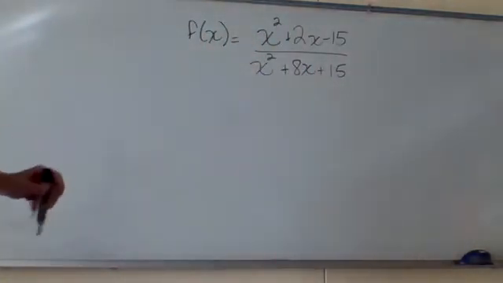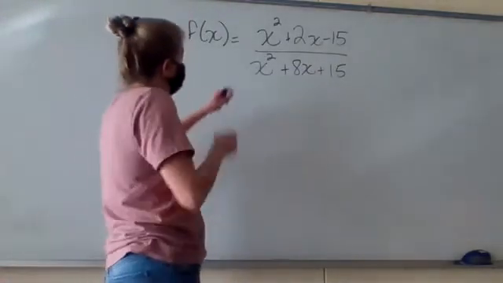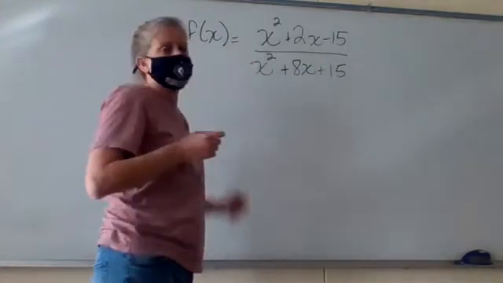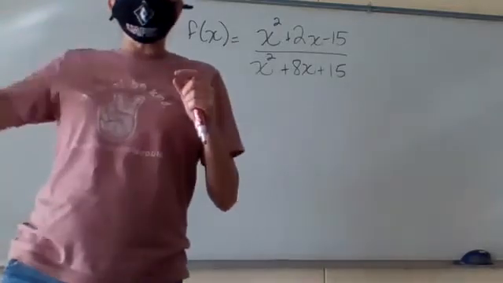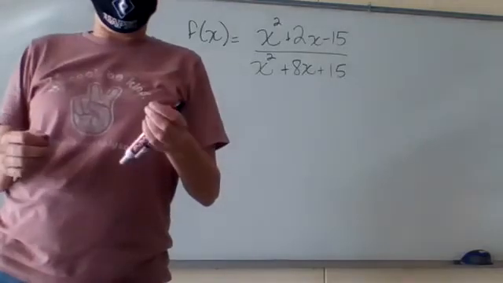So remember, what we're going to do first is actually find the zeros of the numerator and the denominator, because that's going to lead us into a bunch of the different answers that we need.